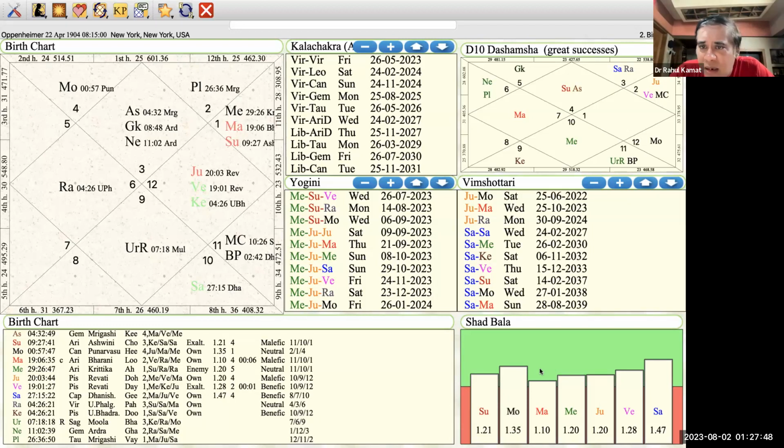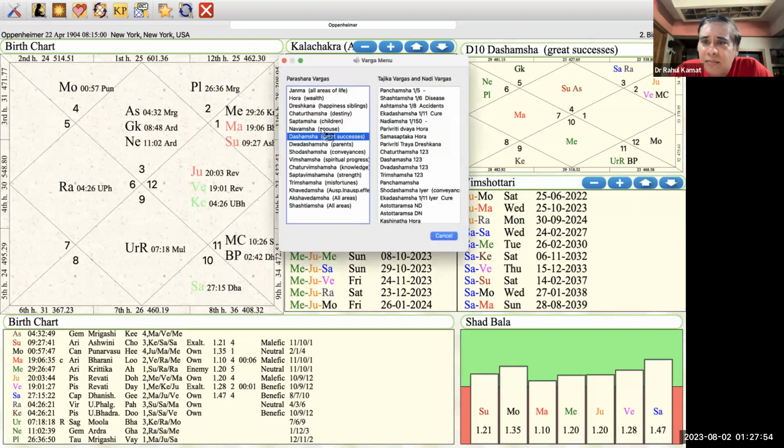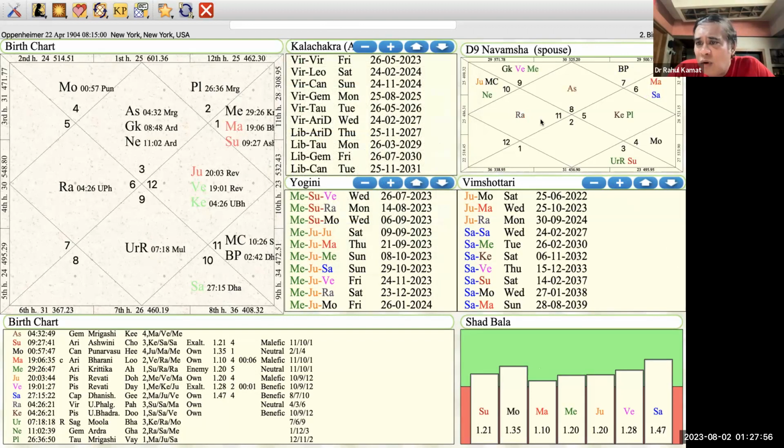in Pisces. Now, if you look at the D9 chart, what is happening to Ketu is that it is in the 10th house, and Ketu is with Pluto. So I'm going to come to Pluto a little later. Pluto is also called Yama in Vedic Jyotish.